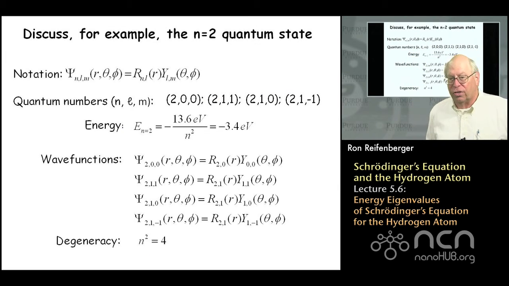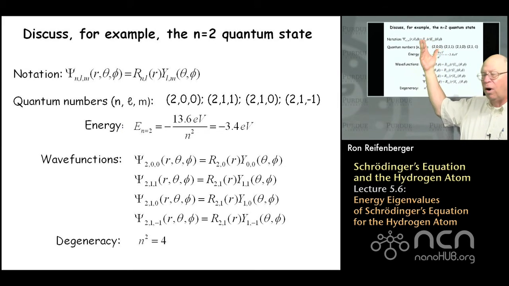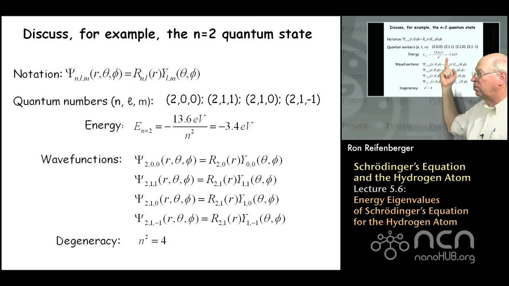I can continue this discussion. So for example, I can discuss the n=2 quantum state for the hydrogen atom. I can write down the wave functions for these various allowed energy states. I can calculate what the allowed energy is for the n=2 state. It's going to turn out to be minus 3.4 eV. And knowing the quantum numbers n, L, and m, I can now explicitly write down what these wave functions are.